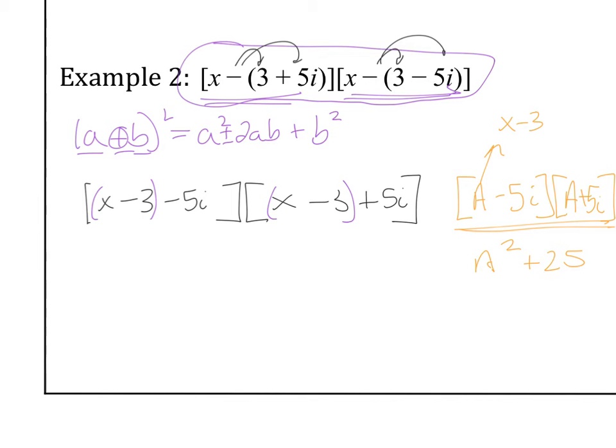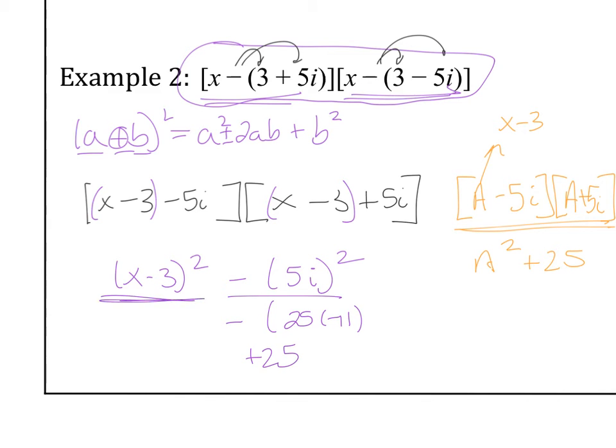And when I write that out, it's going to look like this. x minus 3 squared minus that thing squared, 5i squared. So this right side will become negative, and then 5 squared is 25, i squared is negative 1. So hopefully you can take this and jump straight to positive 25.